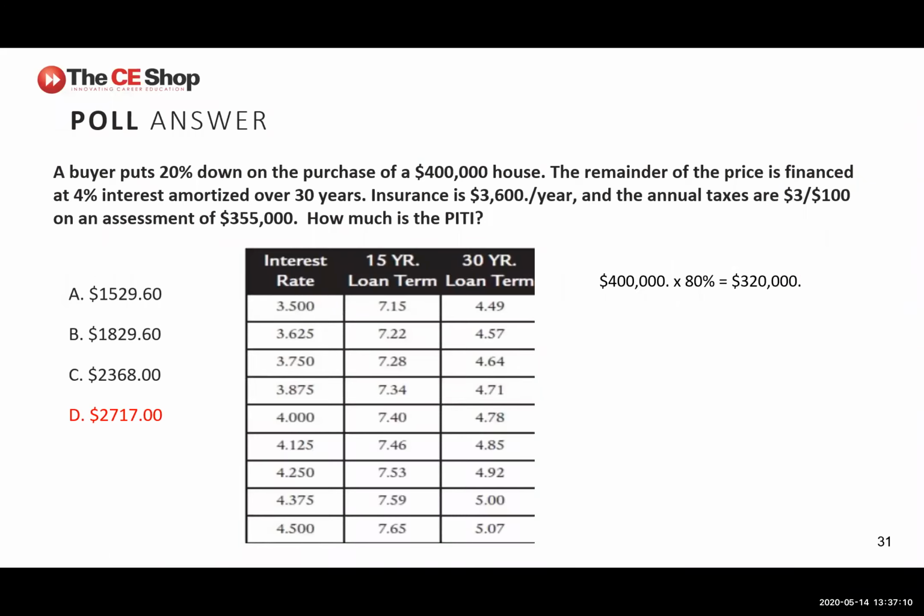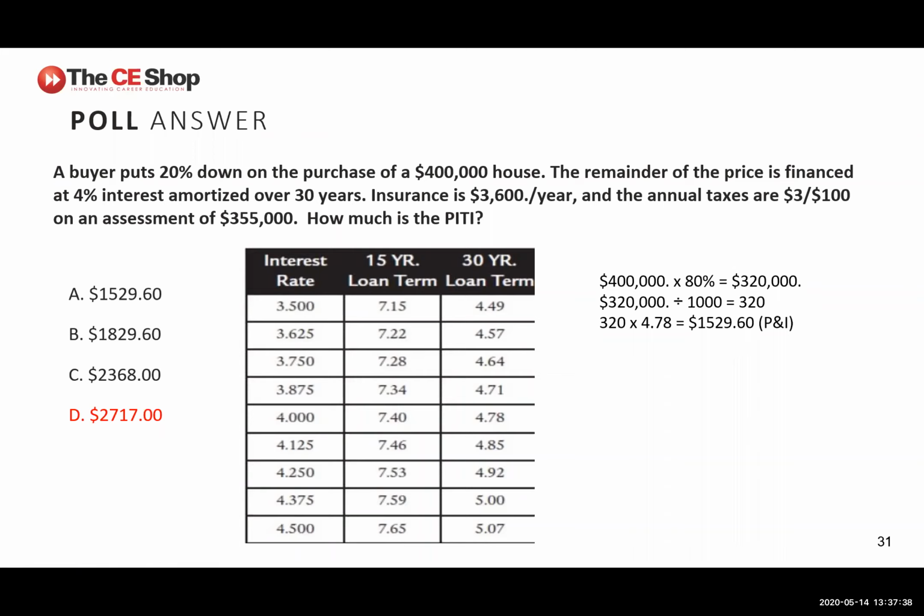You've got an 80% loan because you put 20% down on your $400,000 piece of property. That's a $320,000 loan. If you divide that by 1,000, you got 320 units. So your 320 times $4.78, which is your 4% interest rate for 30 years, your principal and interest is $1,529.60.